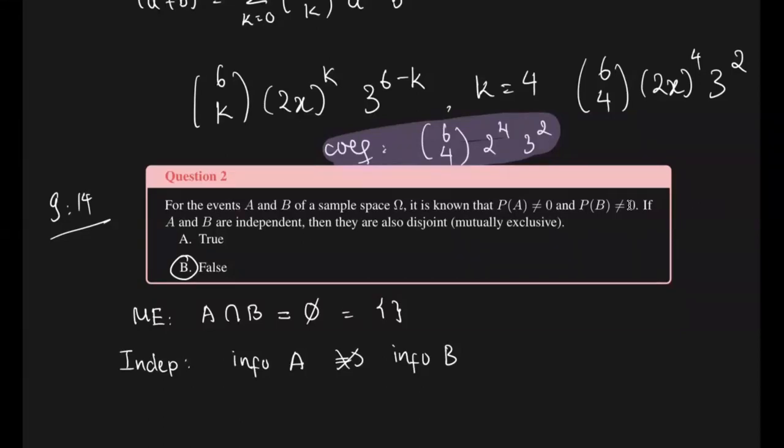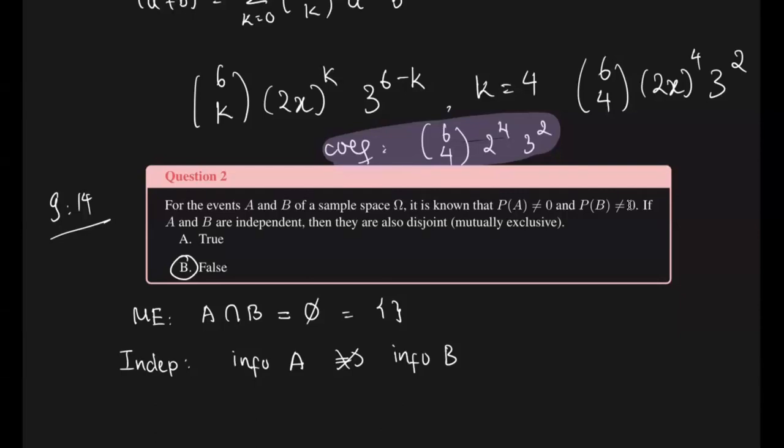And similarly, if A and B are independent, then A and B complement are also independent. Because if some information about A does not increase or decrease the chance that B happens, then it cannot increase or decrease the chance that B complement happens either, because B complement depends on B. And similarly, A complement and B complement are also independent by that logic.